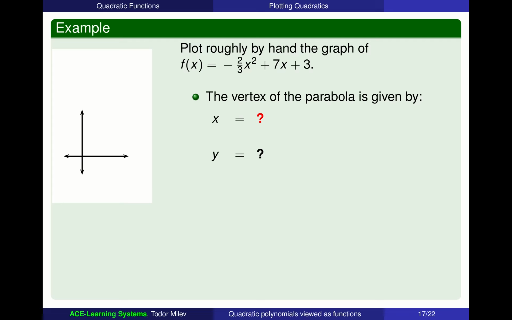The x-coordinate of the vertex of a parabola, as studied, is given by negative b over 2a. Here b equals 7, and a is negative 2/3.